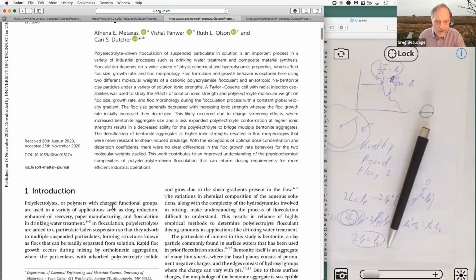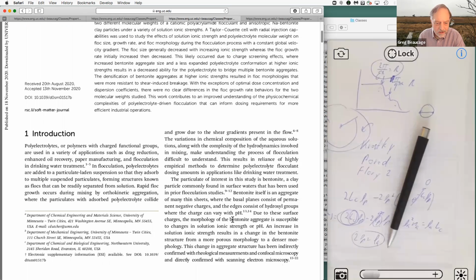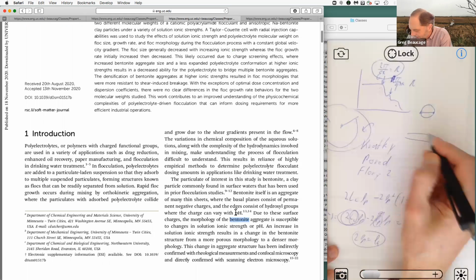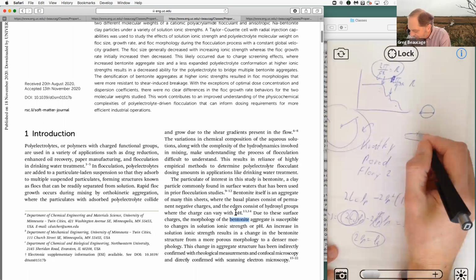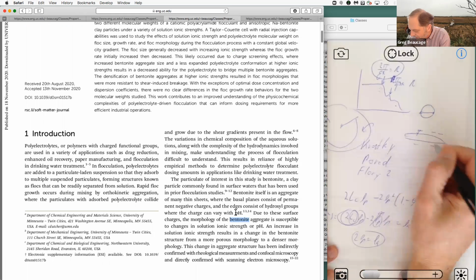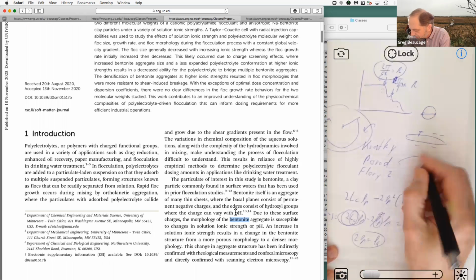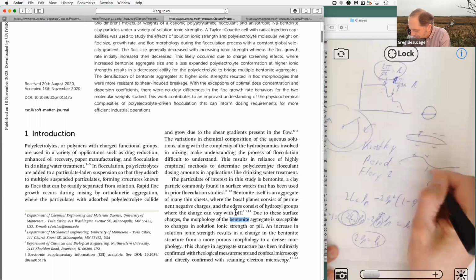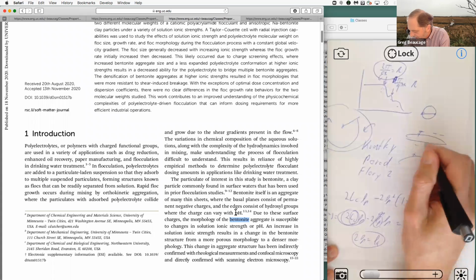The thing they're using for that is bentonite, it's like clay, so it's sheets. So it's platelets that are negatively charged on the surface.